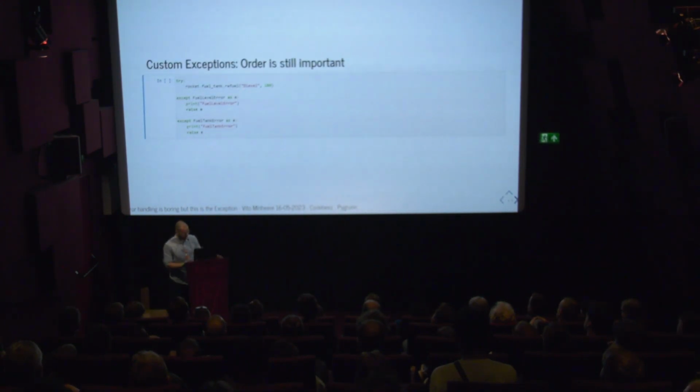Now, getting back to the part where I said, hey, if you build a base one, that's very important for the users of your module. So here we have the same refueling issue, which will give the fuel type error, but we only catch the fuel level error or the more base fuel tank error.